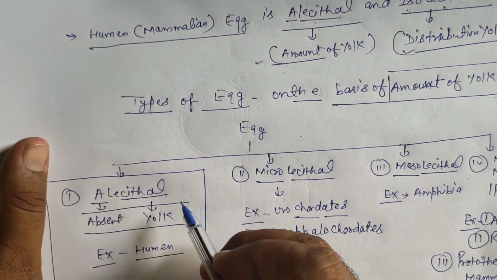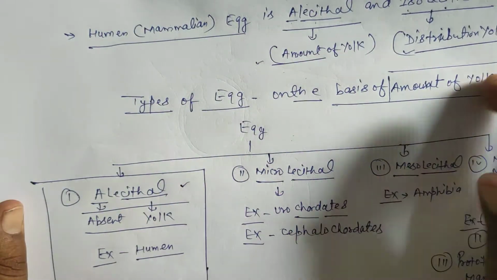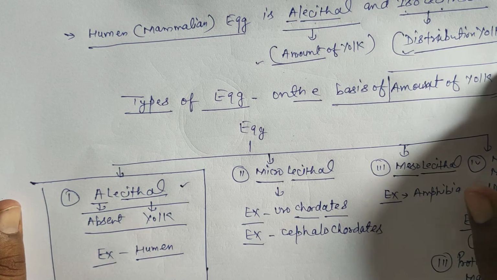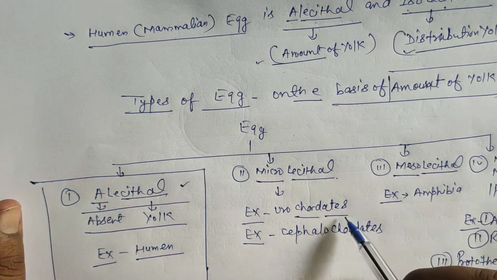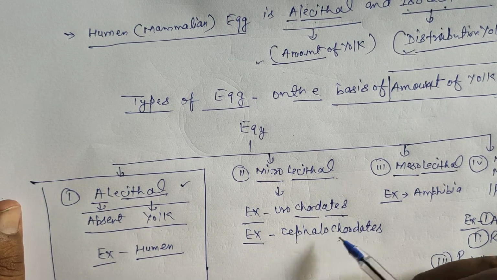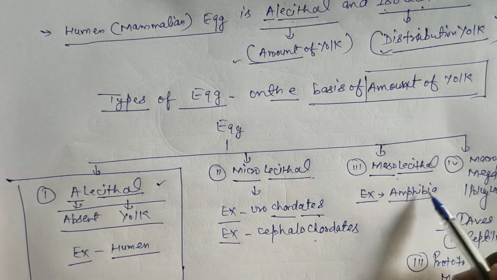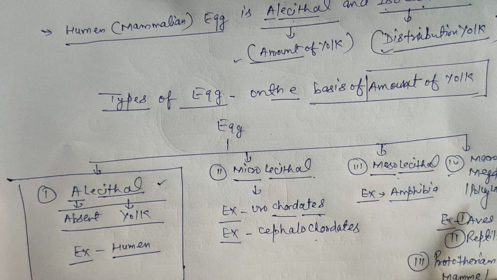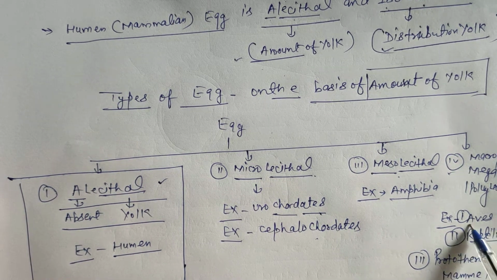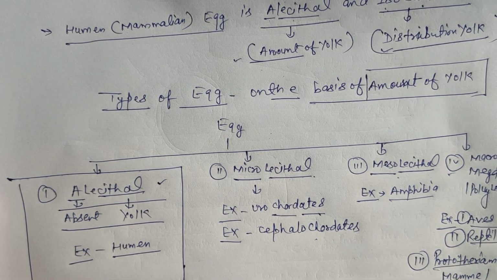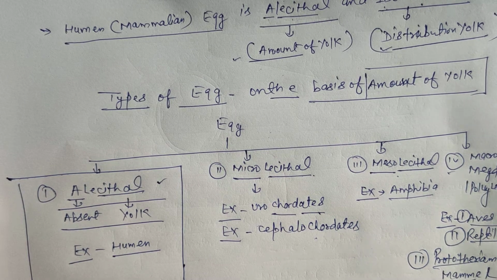First, alecithal. Human egg is alecithal. Second, microlecithal, for example urochordate, cephalochordate. Third is mesolecithal, for example class Amphibia. Fourth is macro, mega or polylecithal: class Reptilia, class Aves and prototherian mammals.